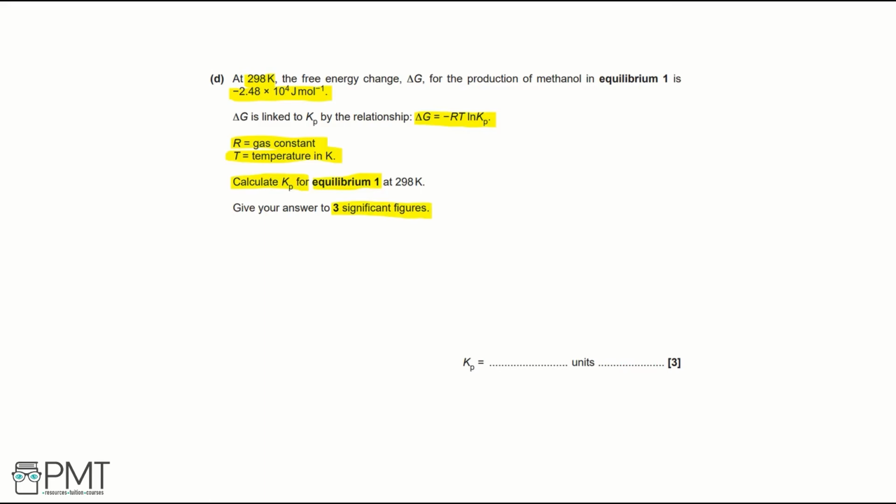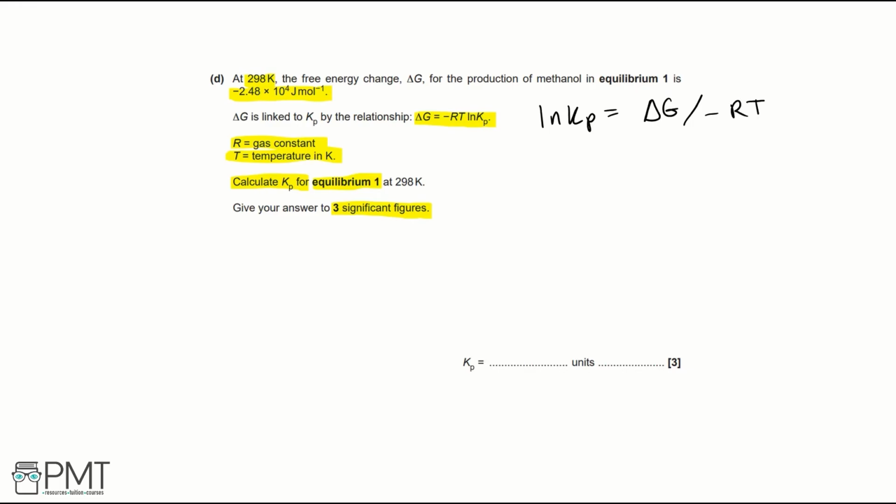So the first thing we're going to do is rearrange the equation that we're given for ln Kp. So that's going to be ln Kp is equal to delta G divided by minus RT.